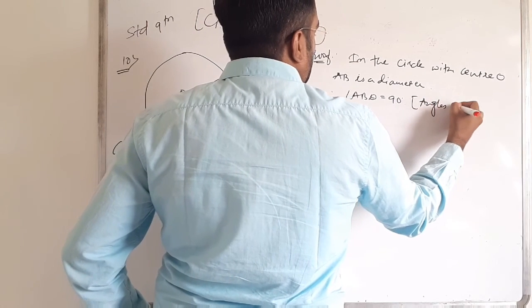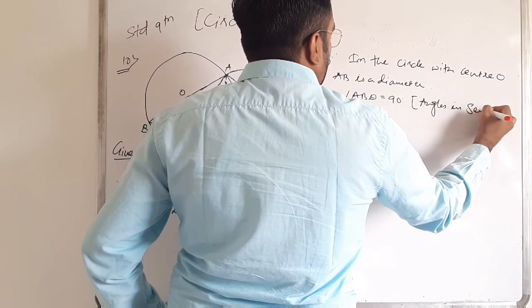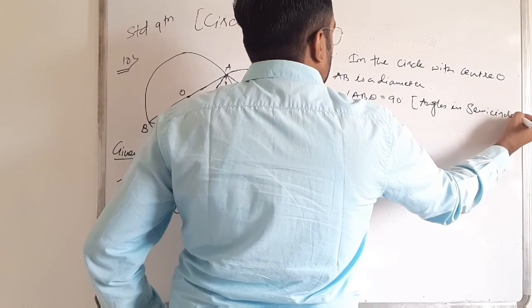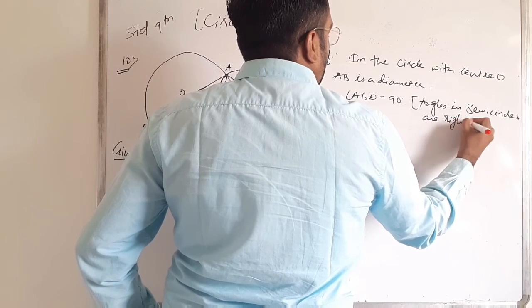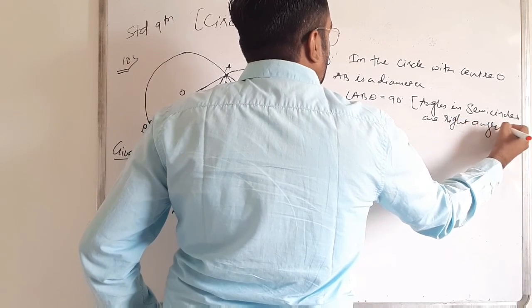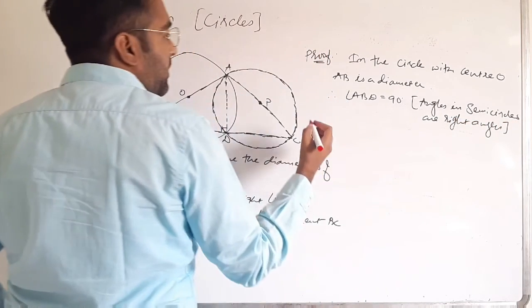Angles in a semicircle are right angle. Clear that?